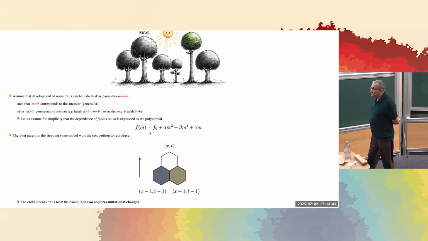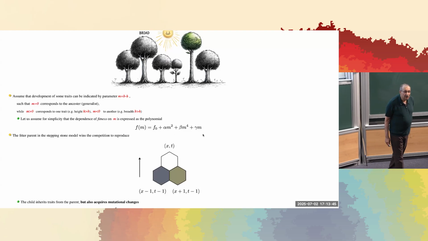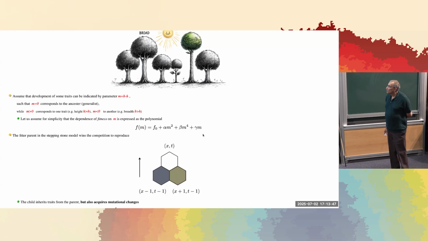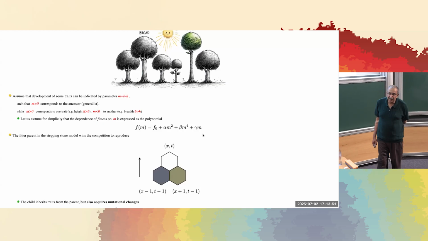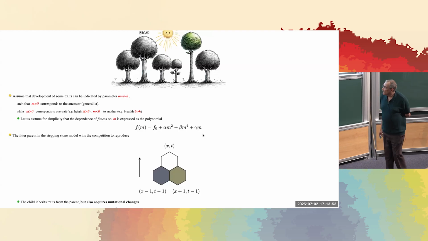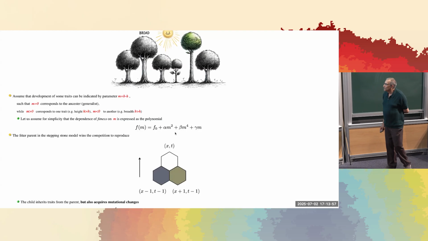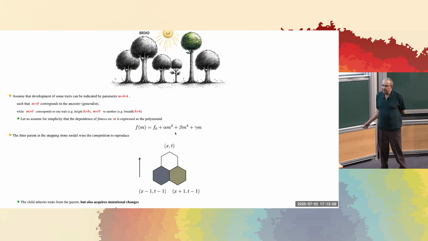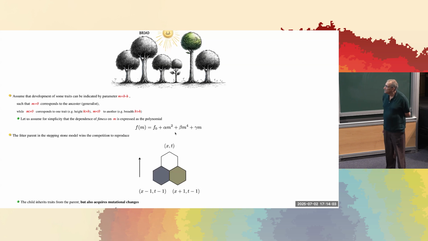And let's assume that the fitness depends in some fashion on this order parameter. And again, I may want to expand this in powers of m. The fact that there is some similarity to Landau-Ginzburg is incidental. It's just some function of m that I have analytically expanded.